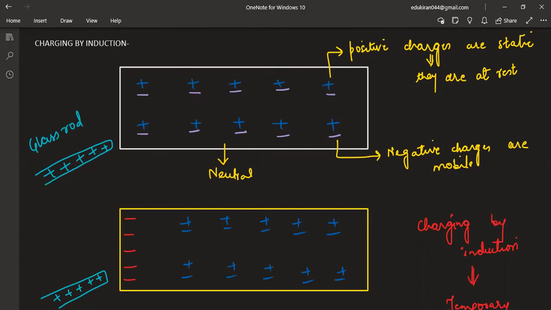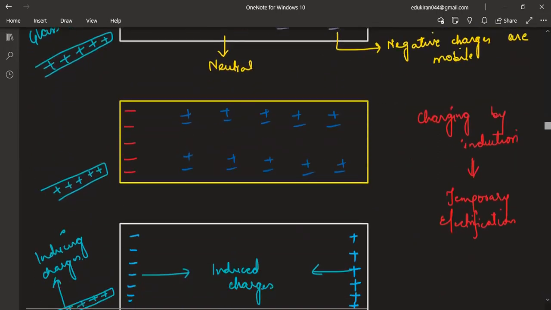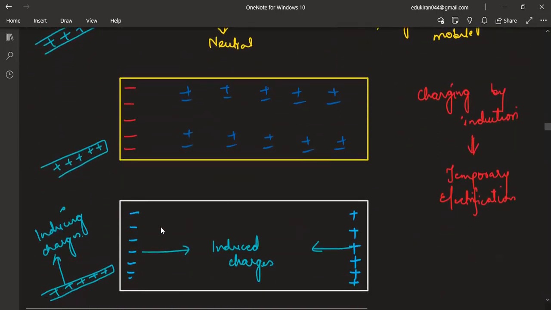Now for separation of positive and negative charges, if I bring up a glass rod, let's say I have positively charged it, what will happen? All the negative electrons will get attracted towards the glass rod, and as a result, all the positive charges will accumulate at the other end. So what you will be seeing is this, right? All the negative charges at one end and all the positive charges at the other end.